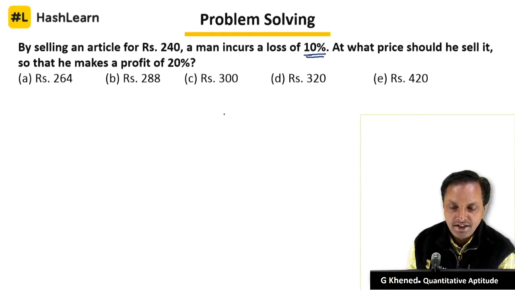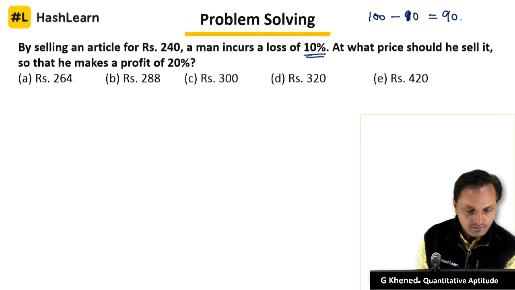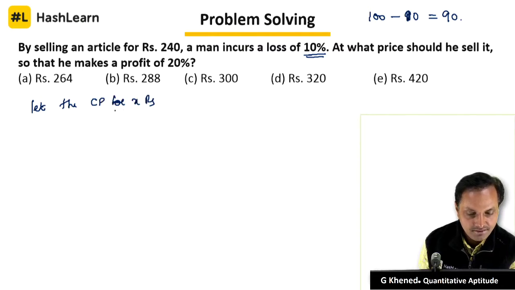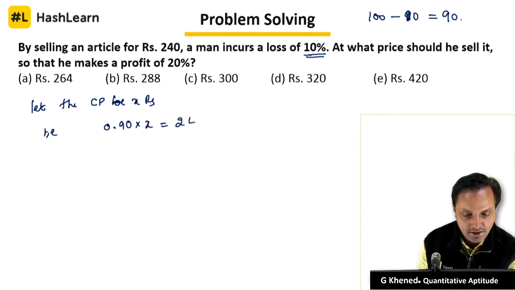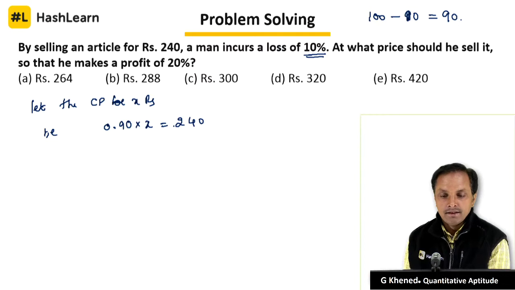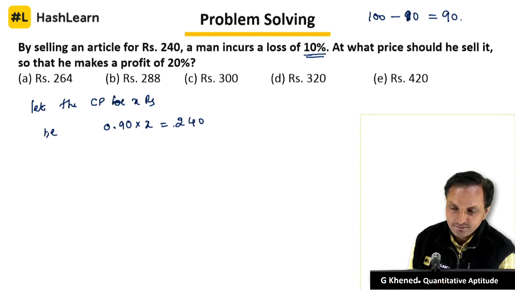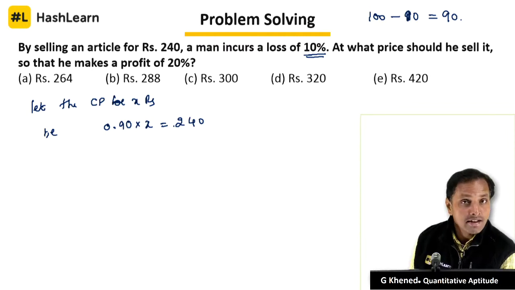10% loss means 100 minus 10 will give you 90. Let the cost price be X rupees. So he is selling at 0.90 into X rupees, which is equal to 240 rupees. 10% loss means he is selling at 90% of the amount he has purchased.